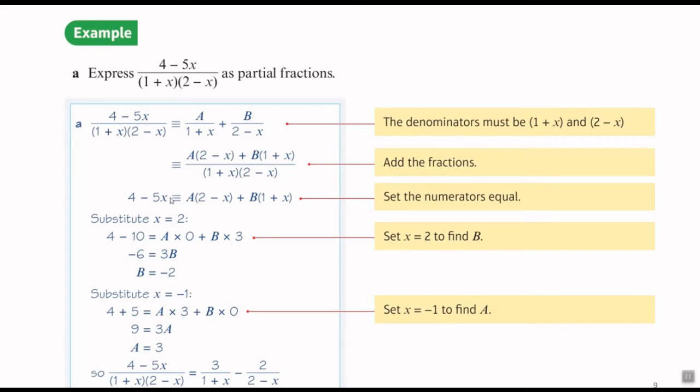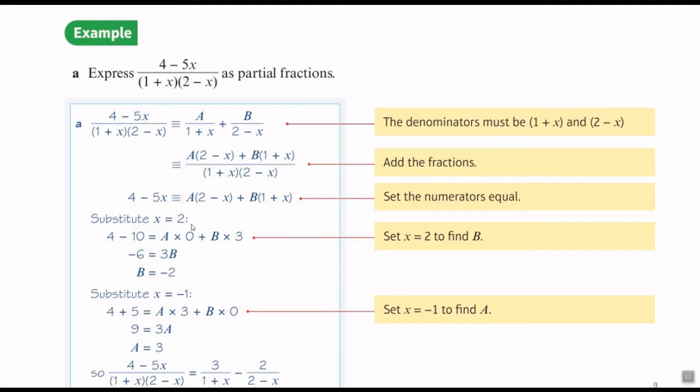So then we need to find a and b. If you substitute x equal to 2, you can find b, because this part equals 0. If you substitute x equal minus 1, this part equals 0, and you can find the value of a.